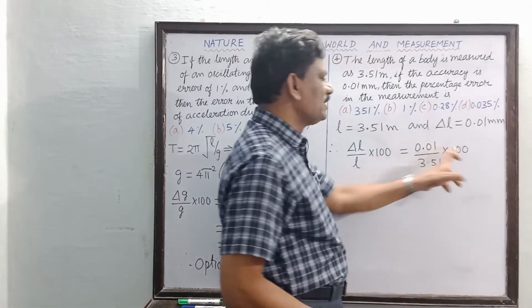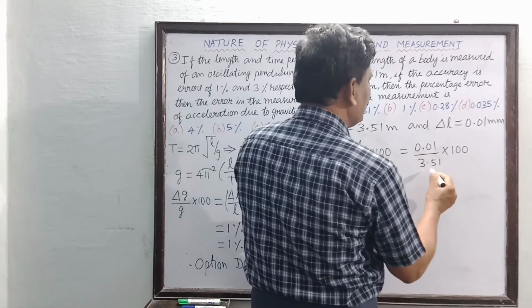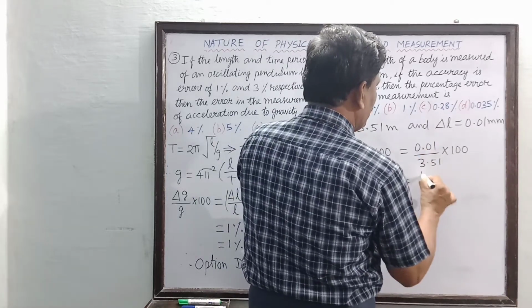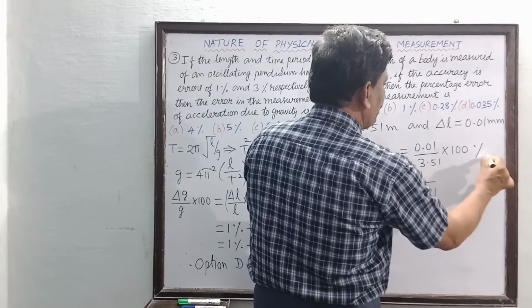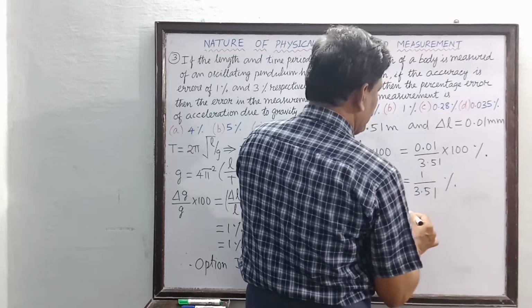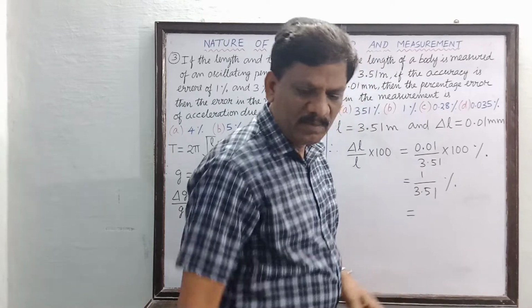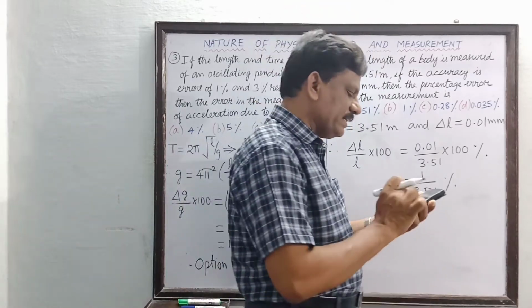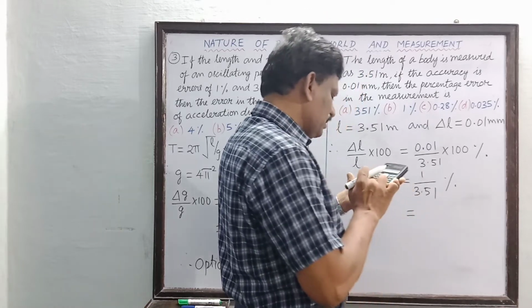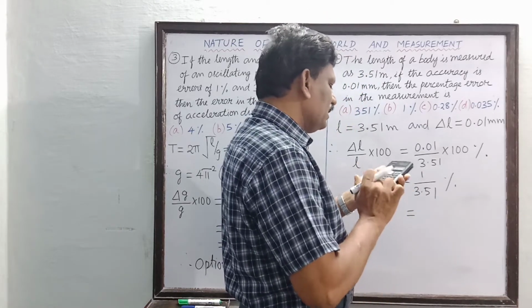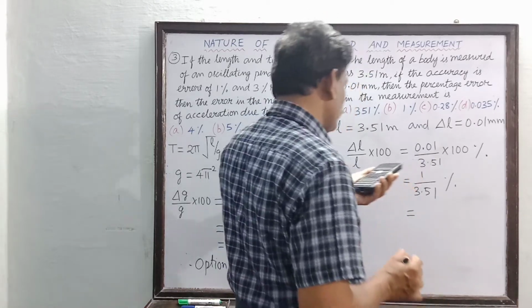If you multiply this 0.01 by 100, it is 1 divided by 3.51. So this is in percentage. So 1 divided by 3.51, I am going to use the calculator. 1 divided by 3.51 is equal to 0.28.